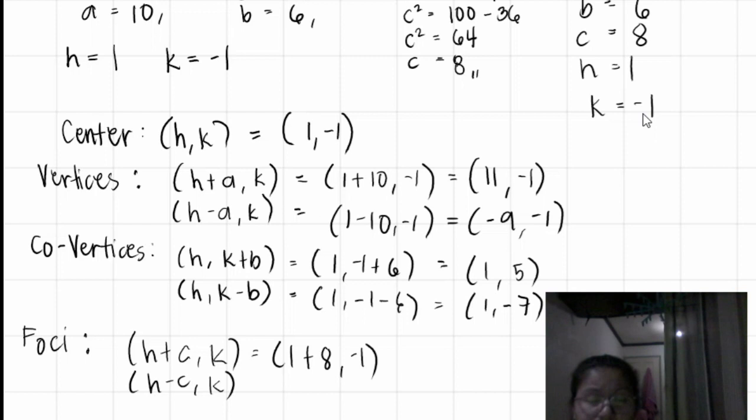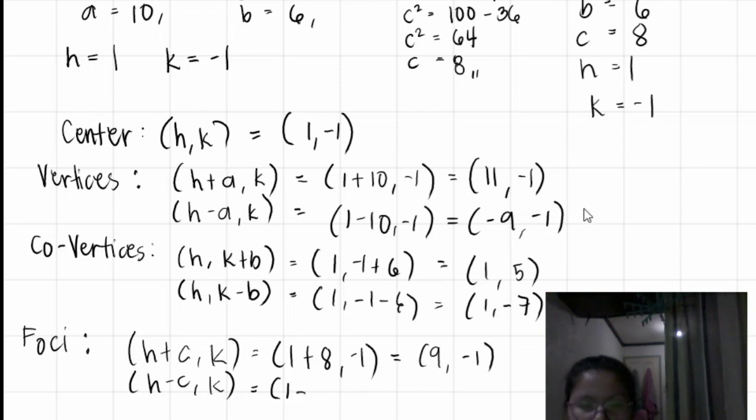Okay. Next naman natin, ay sige, simplify muna natin to. 1 plus 8 is 9. And then we have negative 1. Okay. So, yun yung ating unang foci, which, yung una nating focus, which is 9 and negative 1. And then next natin, h minus c. So, h natin is 1.